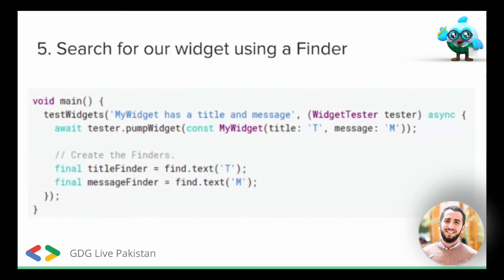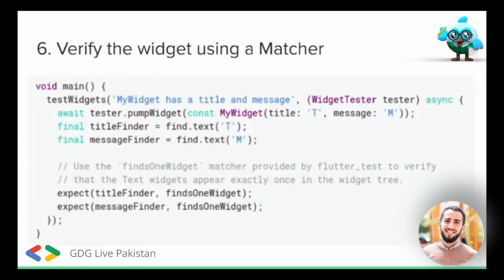For this purpose, you can use the top-level find constant provided by the flutter_test package to create the Finders. Since you know you're looking for Text widgets, you can use the find.text method and write what you're searching for in the parameters.